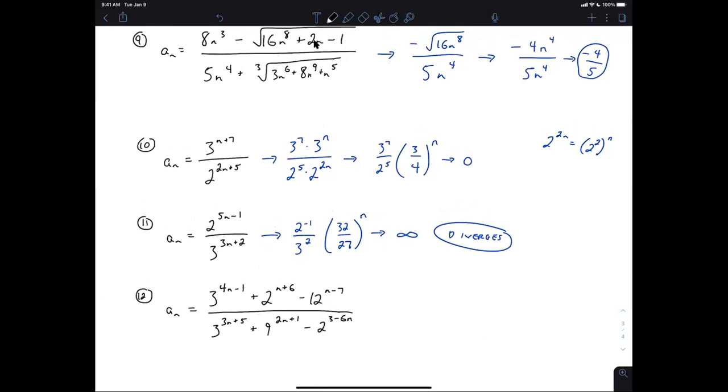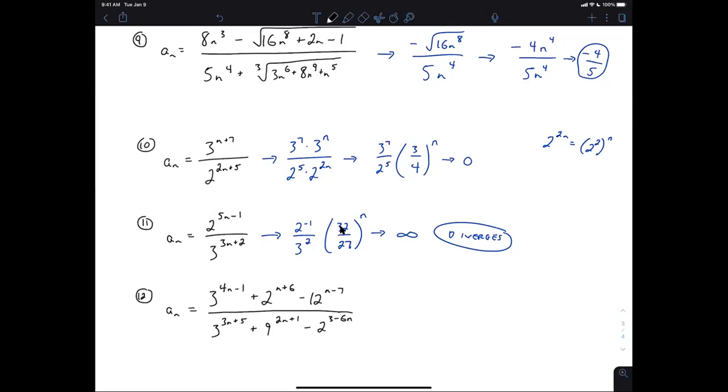When they're all power functions, we will consider that obvious. If you have n to a constant, it's clear which one's bigger. It's clear that n to the 3 is smaller than n to the 4, and that n to the 4 is bigger than n to the 3. When they're both exponentials, it's clear which is bigger.